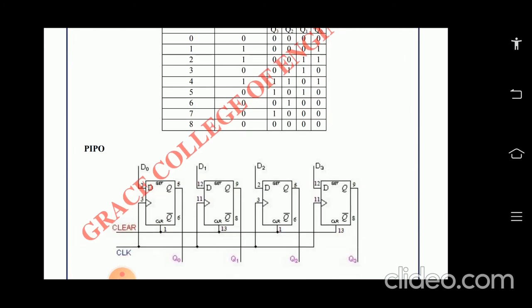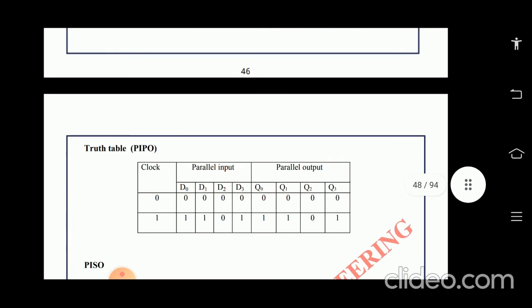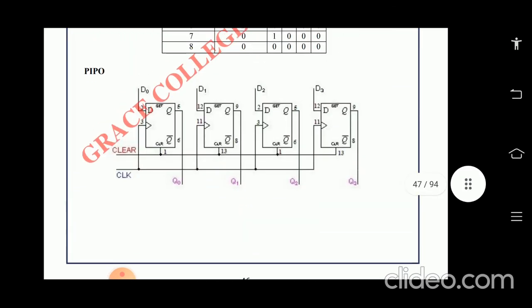Next we need to see the parallel in and parallel out circuit diagram. This is the circuit diagram of it, and here also we need to verify the truth table which is given in our manual. Here both the input and output of our circuit have parallel connections. Whenever we give the clock pulses, the corresponding output of our circuit will glow.